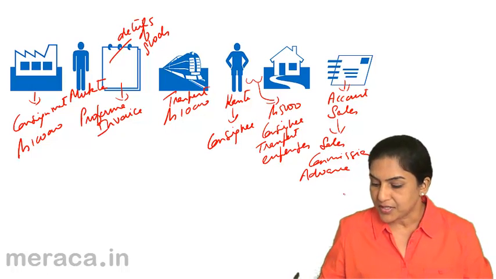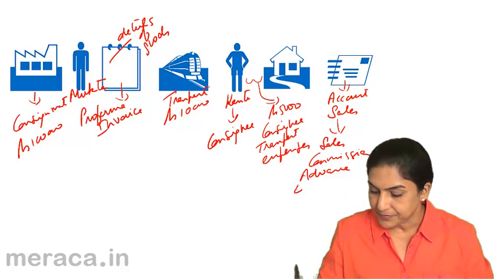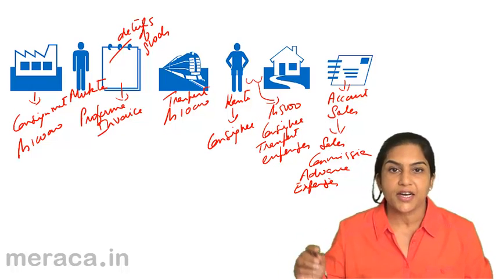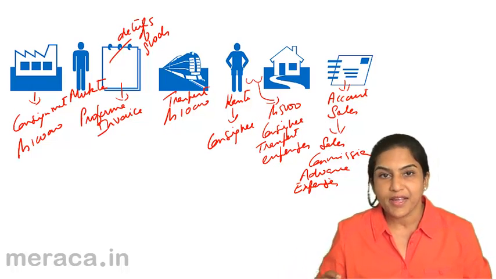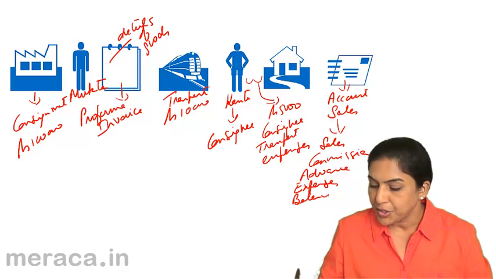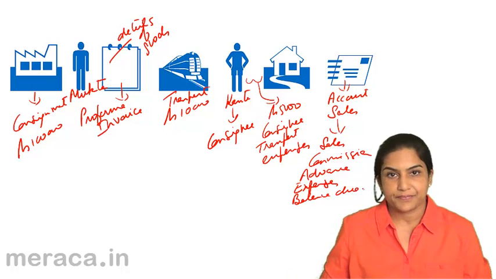Details of the advance, any expenses which are incurred by the consignee will be reimbursed by the consignor, details of the expenses and the balance which may be due to consignor.